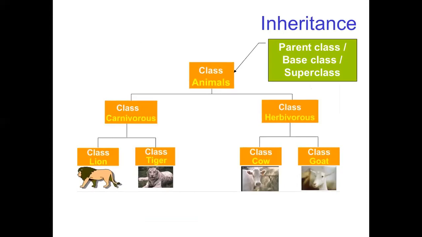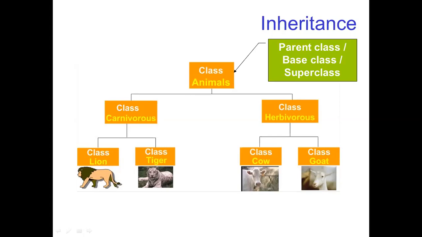See the example of inheritance. You can see here the parent class, base class, or superclass in this slide. The superclass is Animals, the base class or parent class. The child classes, carnivorous and herbivorous, are the children or subclasses that belong to that class. Similarly, under carnivorous we can put the class Lion and the class Tiger.